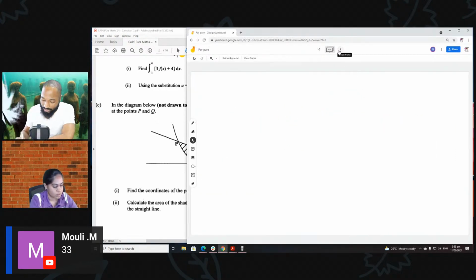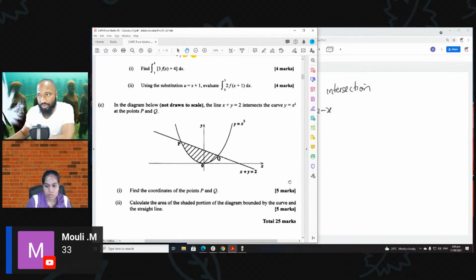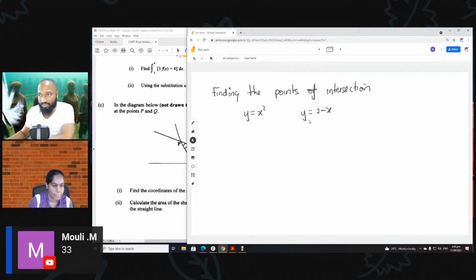First, find the points of intersection quickly. Keeping in mind that the curve was y is equal to x squared and the line was y is equal to 2 minus x. Just rearrange the line one time. y is equal to 2 minus x. Negative 1 is the gradient.